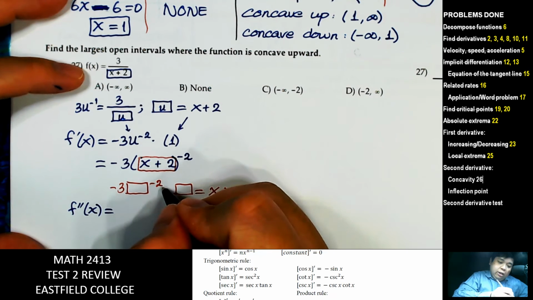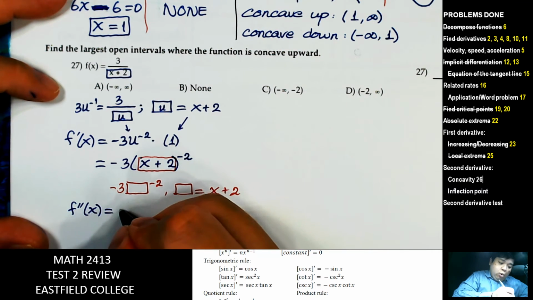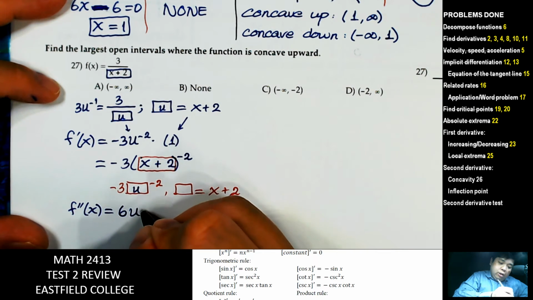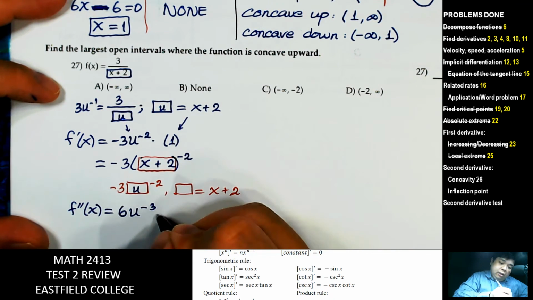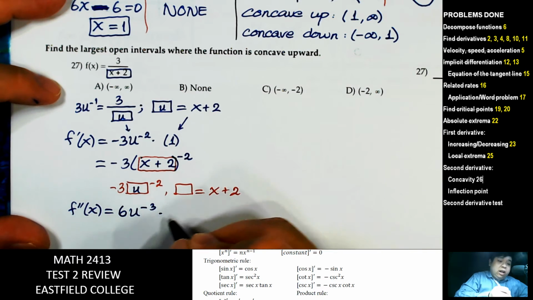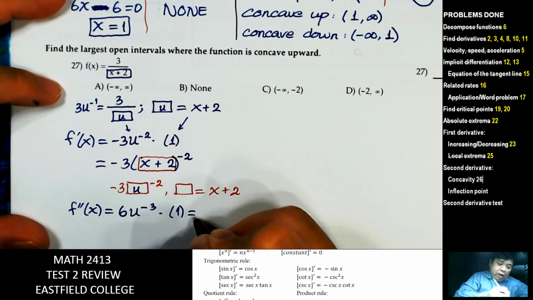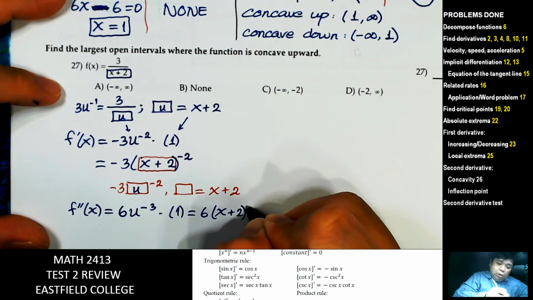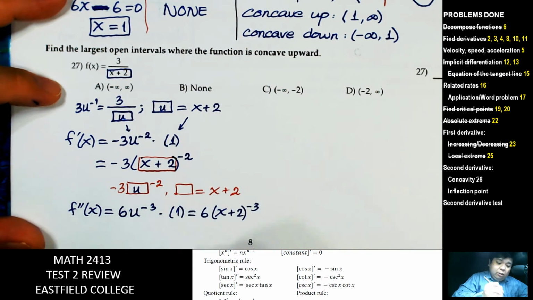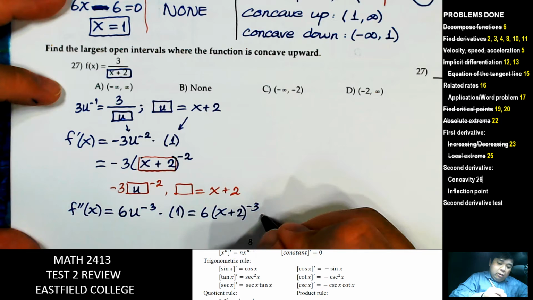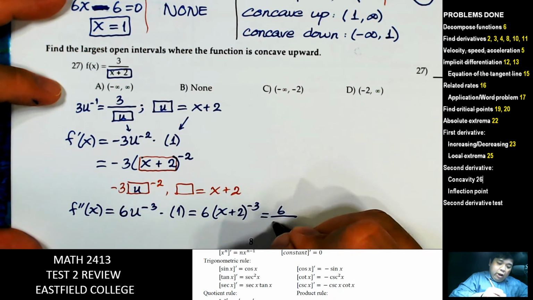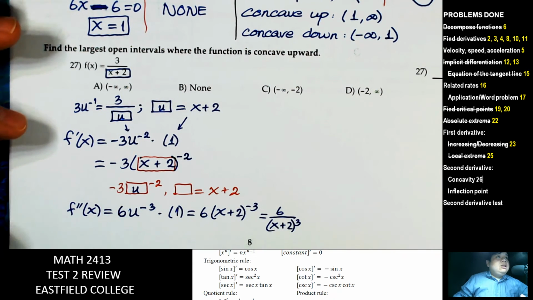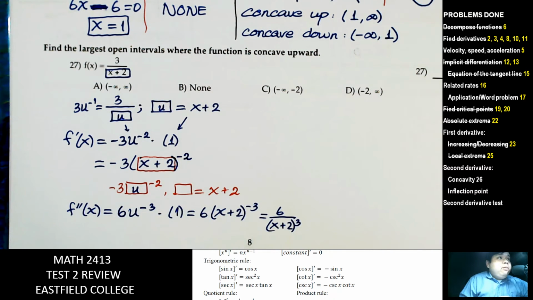So that will be positive 6 u to the negative 3, and again the derivative of the inside is just 1. So we have 6 times x plus 2 to the negative 3, which is of course 6 over x plus 2 cubed. Alright, so that is the second derivative.